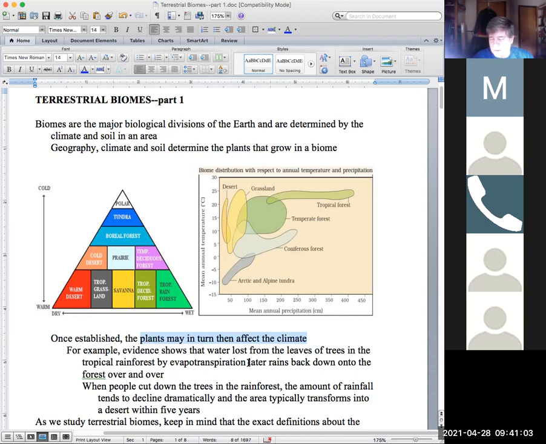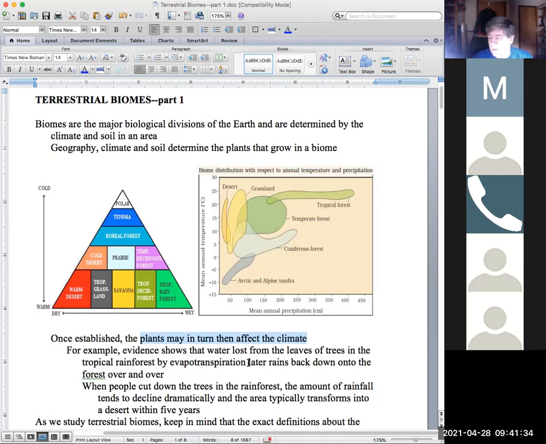In fact, if you look at satellite images of the Earth and you look at, for instance, the Amazon rainforest in South America, or the Sahara Desert in Africa, about the only two biomes that you can really see changing are that you can see rainforests getting smaller and you can see deserts getting bigger.